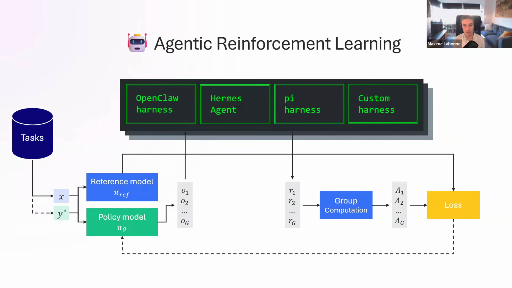And that's very nice because it teaches the models all the built-in tools from these harnesses. It teaches them how to use the system prompt correctly. And if you have seen the OpenClaw system prompt, for example, it's very, very big. It's over 7,000 tokens, even in its most minimalistic form.